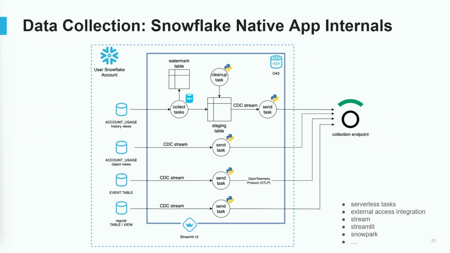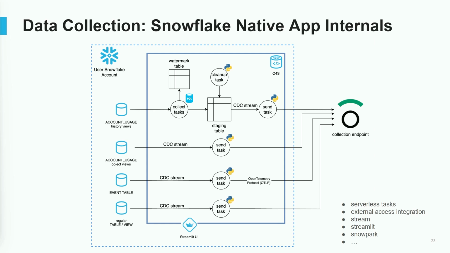So we can do a very quick overview of the internal architecture of our app. O4S is a native app, not a Snowpark Container Service, because we figured it's sufficient to just use all the building blocks from Snowflake, putting everything together like a Lego.